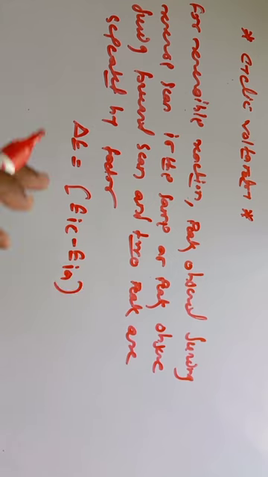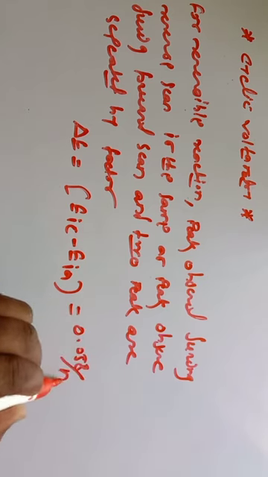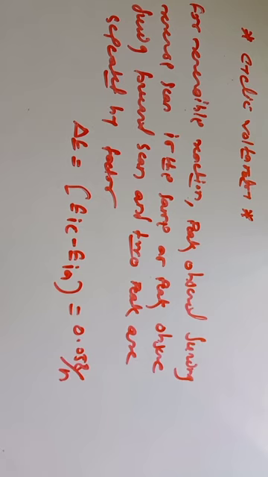This difference is equal to 0.058 upon n. So this is all about the theory regarding cyclic voltammetry.